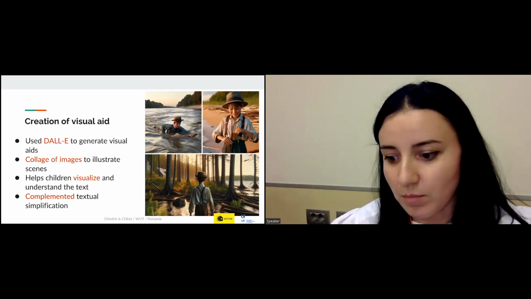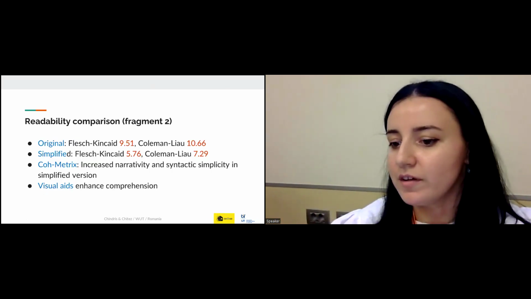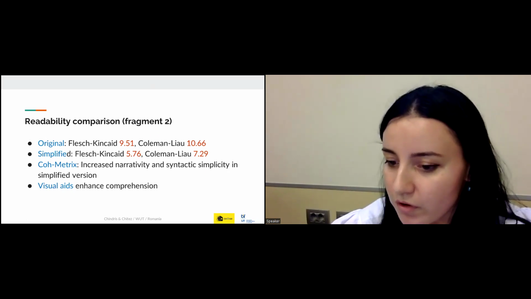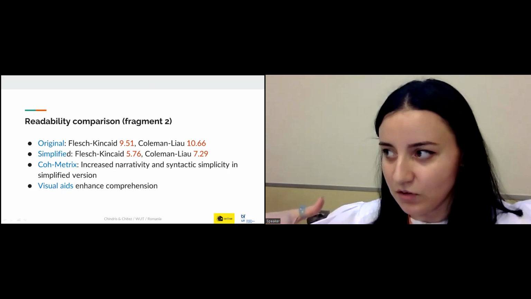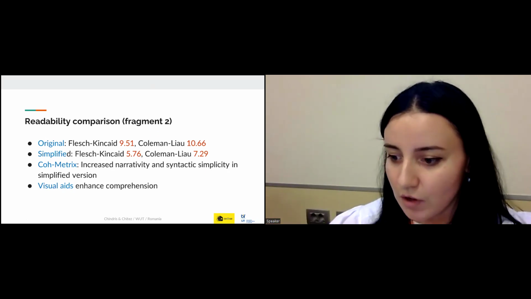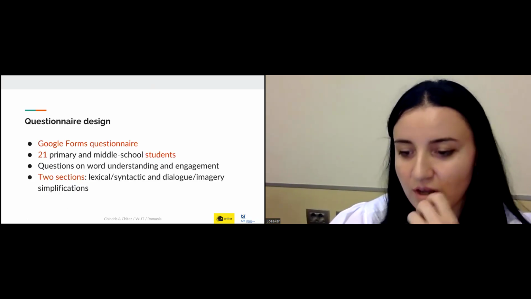So it's complementary. These are the scores, and as you can see, the complexity of text is lowered, and visual aids enhance comprehension.